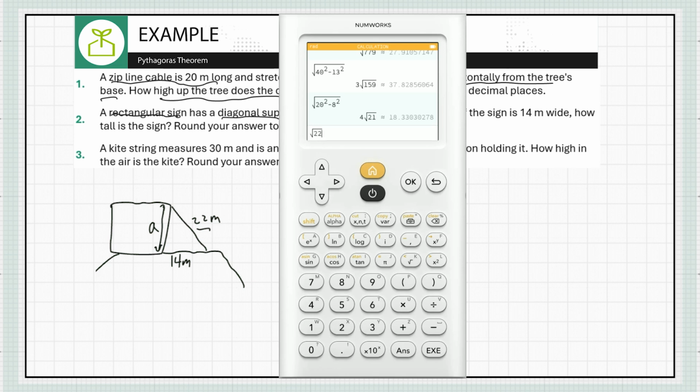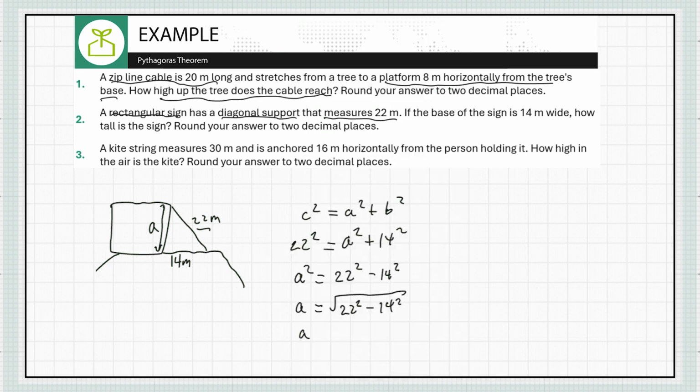Square root of 22 squared minus 14 squared. Hit execute. We get 16.9705. If we round this to 2 decimal places, we get 16.97 meters.